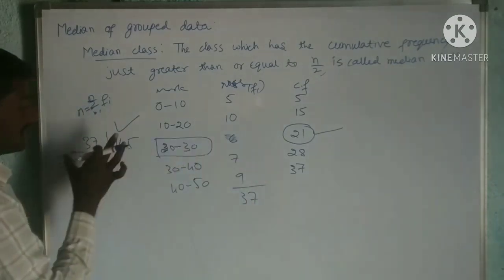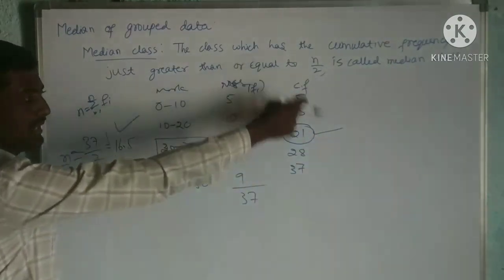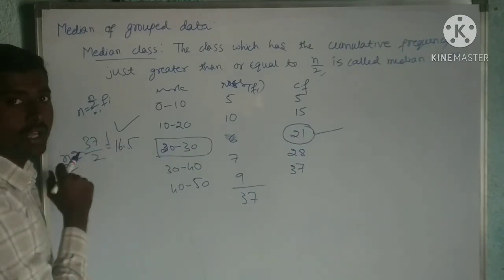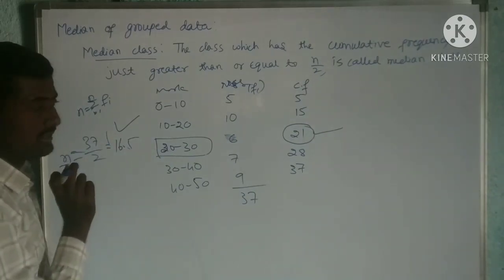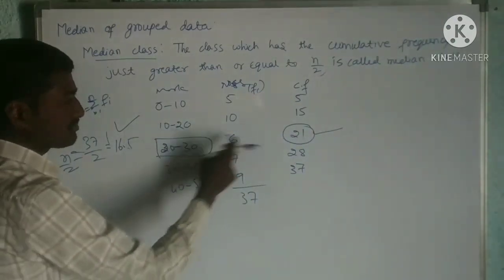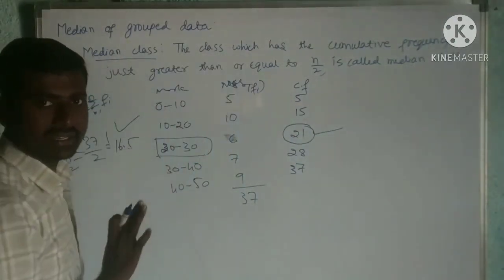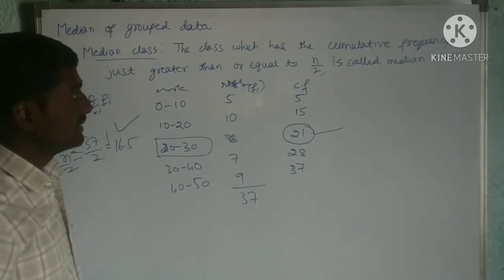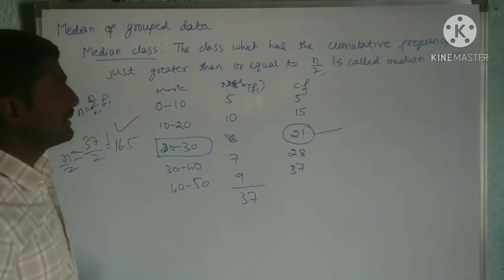The element must be just greater than or equal to n by 2, and the corresponding class will be the median class. This is how we can find a median class.